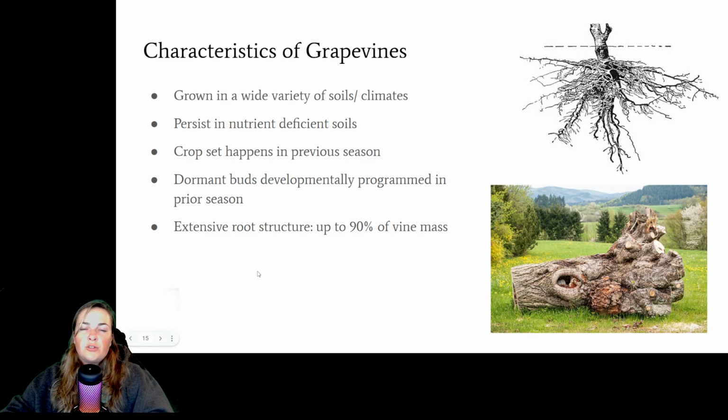Also, the root structure of a grapevine is very intensive. It could be up to 90% of the vine mass, depending on how incentivized that vine has been to look for water, right? And also, if the soil is penetrable enough, it'll just keep getting deeper and deeper. It needs to get any water and nutrients to survive.